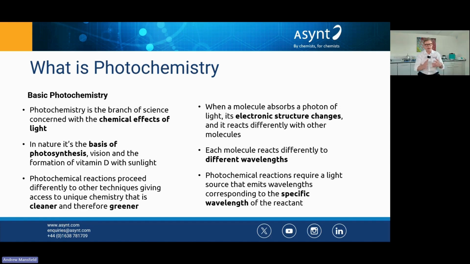Essentially, and I'm not going to go into too much detail, when a molecule absorbs a photon of light, its electronic structure changes with different activation stages within our compounds. And then it proceeds to react with other molecules. But each molecule or moiety, structural functionality, requires a different wavelength.